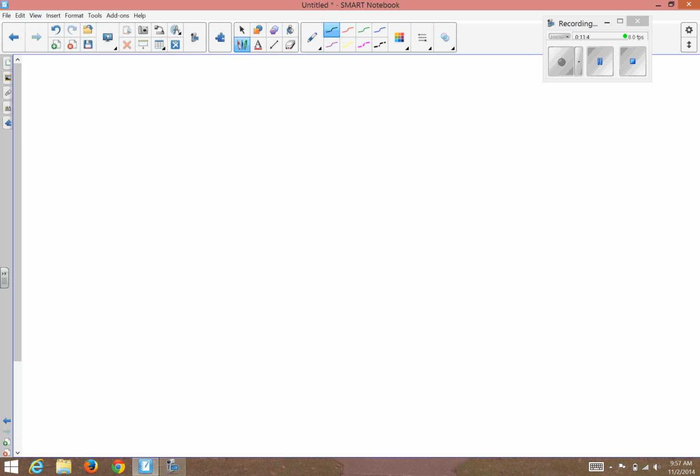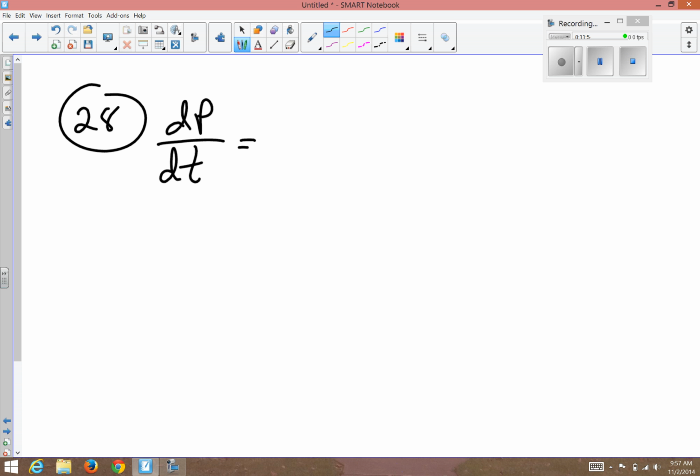Right, so the title of this section is Logistic Growth. Exercise 28 says dP/dt equals 0.008 P times (700 minus P).